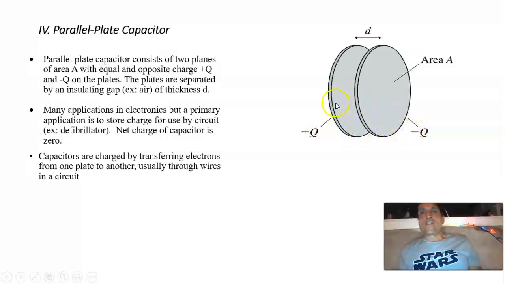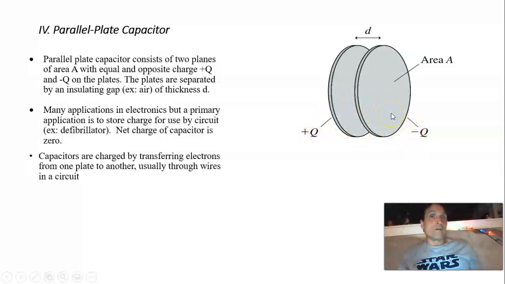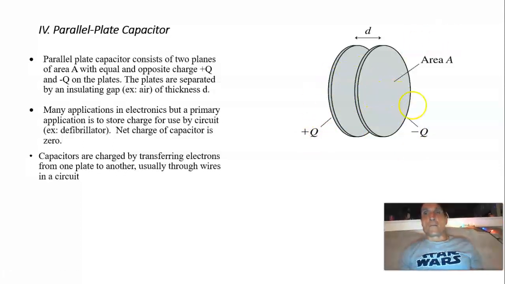One plate has an amount plus Q, and the other plate has an amount minus Q. The plates are separated by this insulating air gap, either air, or it could be a polymer if it's a capacitor, but some insulating material. So right now, let's just assume it's air.